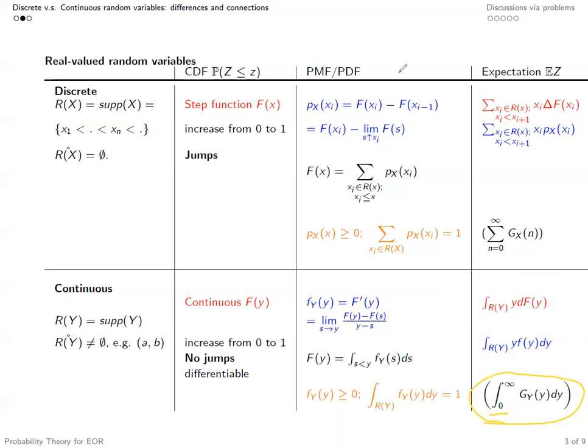Now let's discuss the connection between these two types of random variables by looking at this alternative way of deriving the expectations and see what we can deduce.